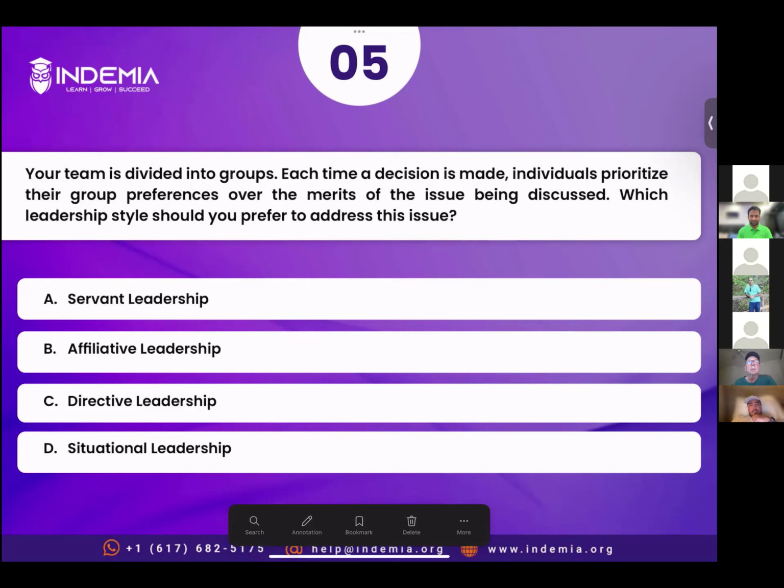All right, thank you. Robin, you have chosen option A. Yes, I was very divided here, but what made me choose option A was that the group was prioritizing their preferences over the merits of the issue.